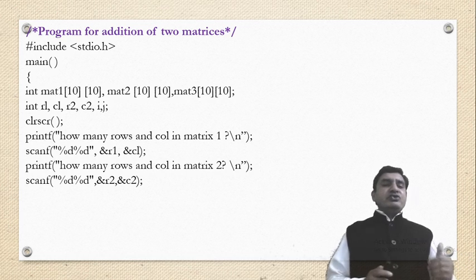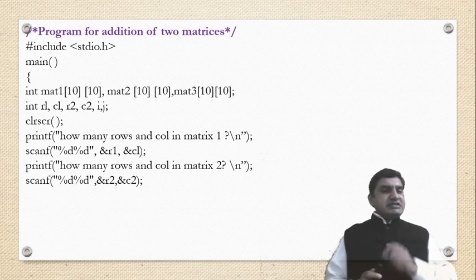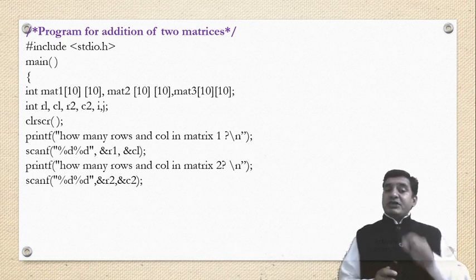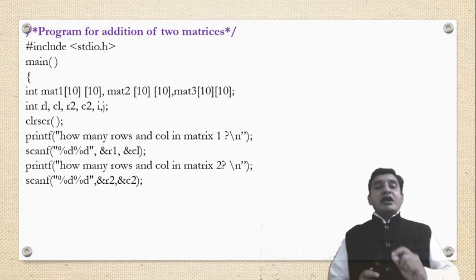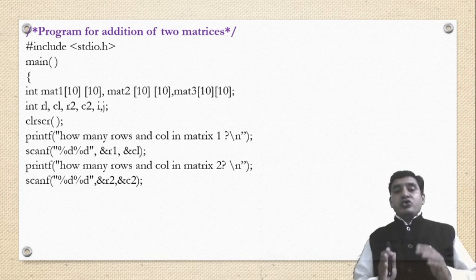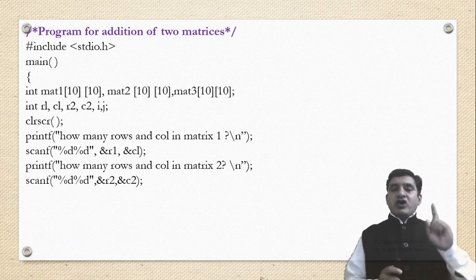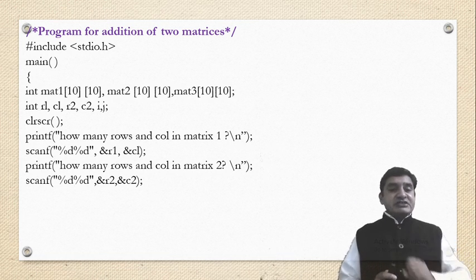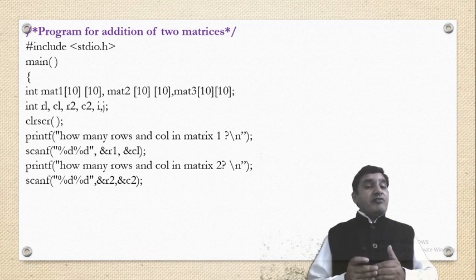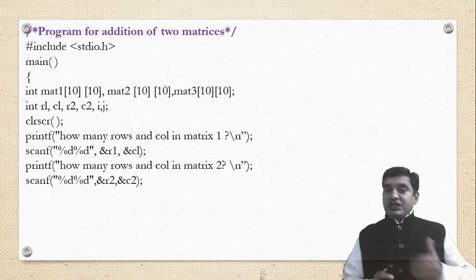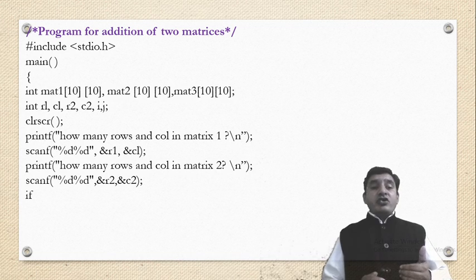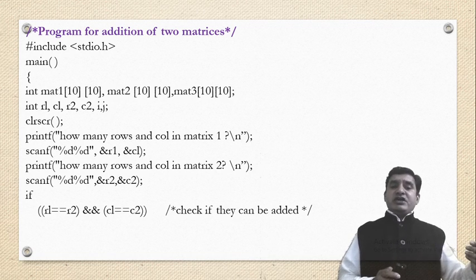For that we again use the scanf function, percentage d, because R2 and C2 both are integers. R2 is the number of rows of the second matrix, C2 is the number of columns of the second matrix.